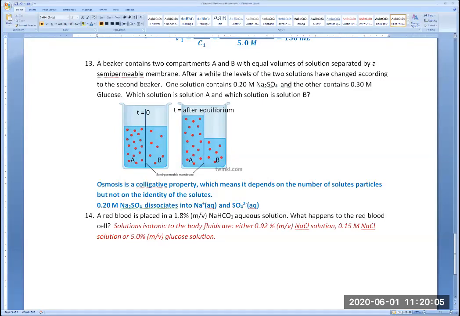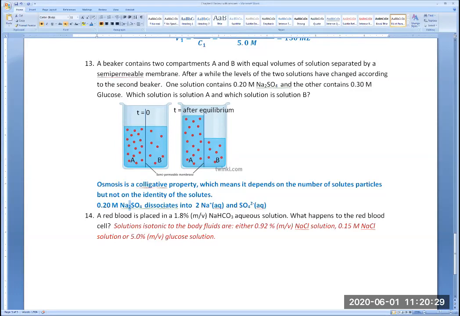So we have 2 sodium, right? You see in the formula there's a subscript of 2 for sodium. That 2 tells you that you have 2 sodium per sulfate: 2 Na plus and 1 SO4 2-.